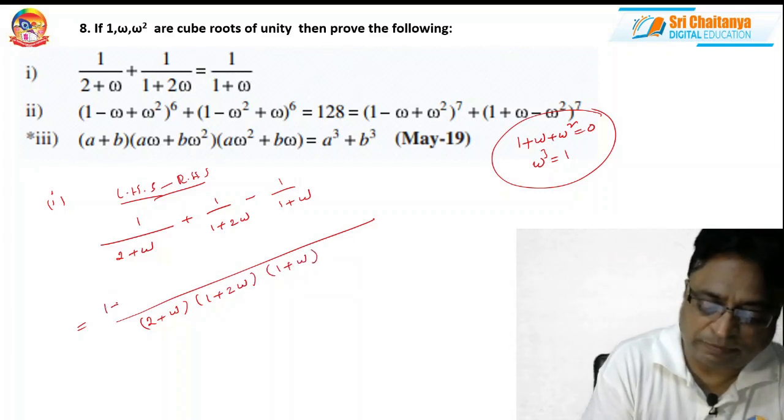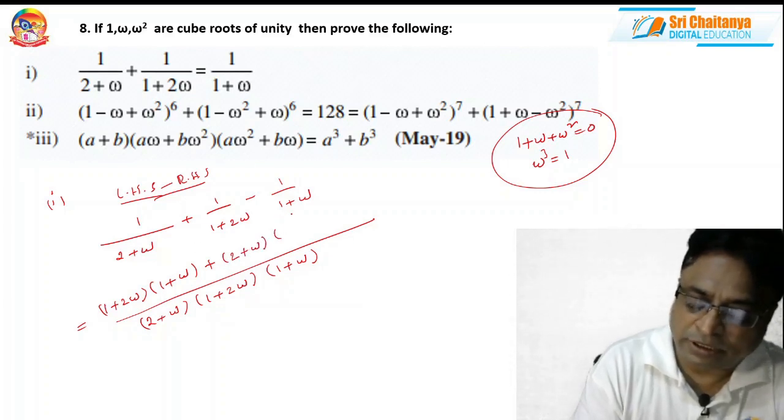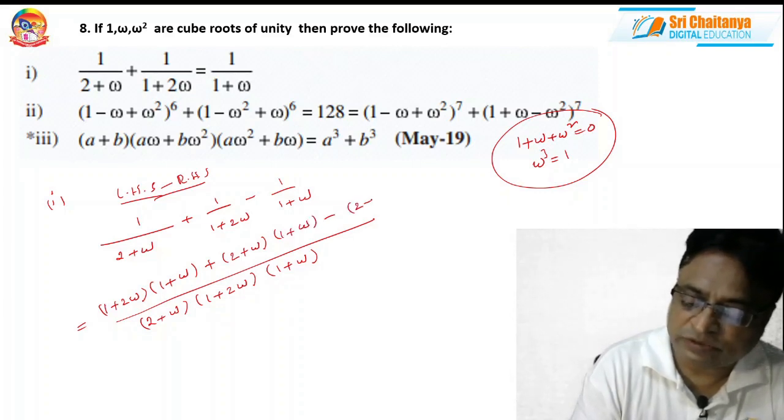So in the numerator, 1 plus 2 omega into 1 plus omega plus 2 plus omega into 1 plus omega minus 2 plus omega into 1 plus 2 omega.